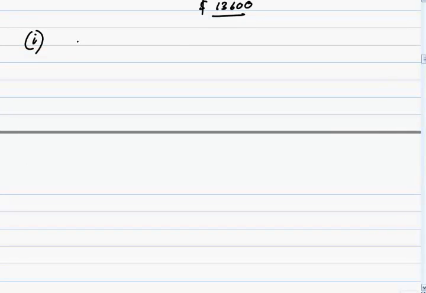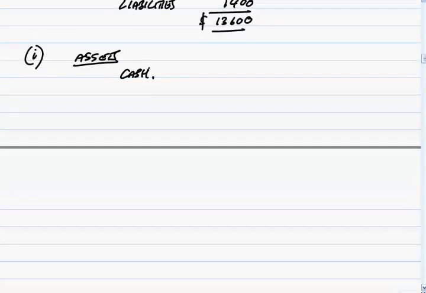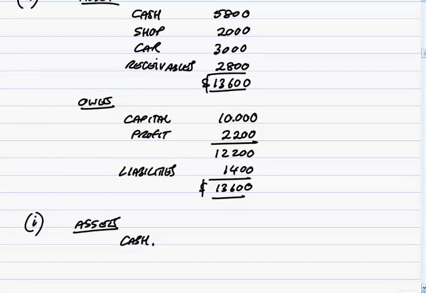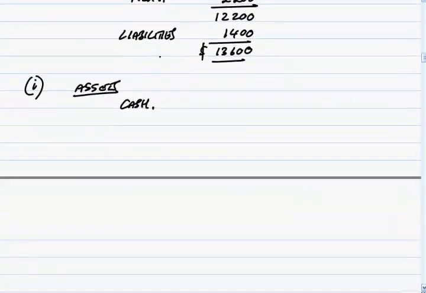So again, let's do our list. Our assets. Cash was 5,800. We've just paid 200 electricity, so the cash is only 5,600. We've still got the shop and the car. The car was 3,000.